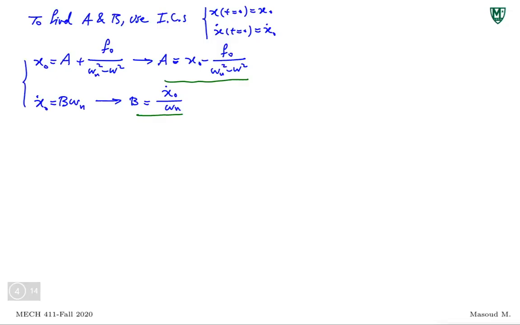So the general form of the solution now becomes, let me write it here.